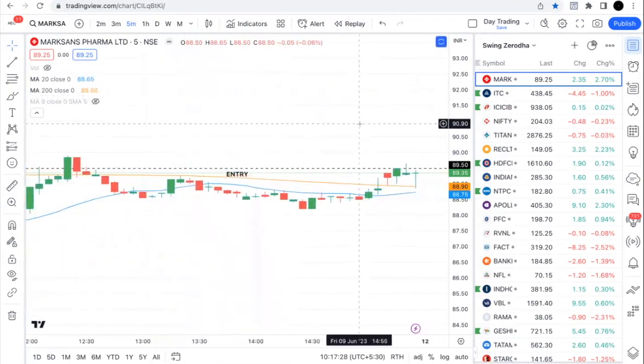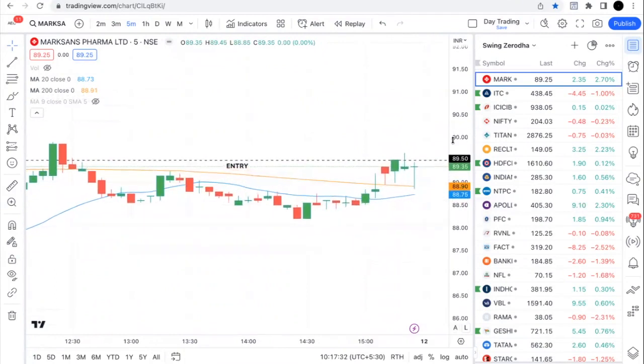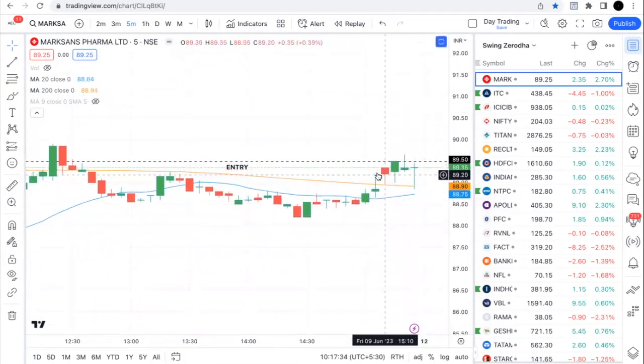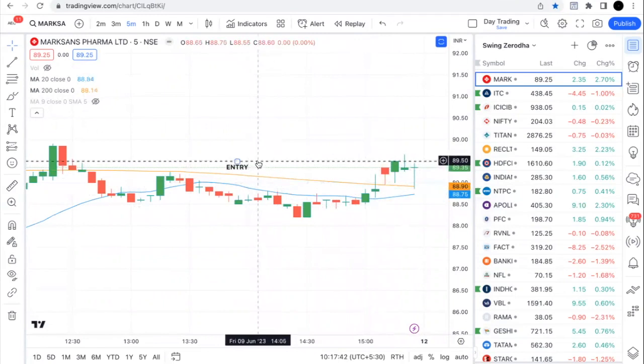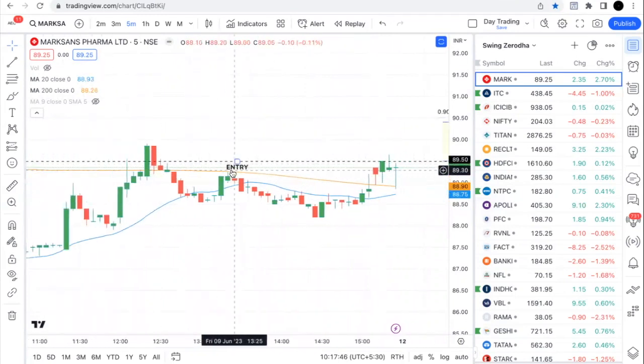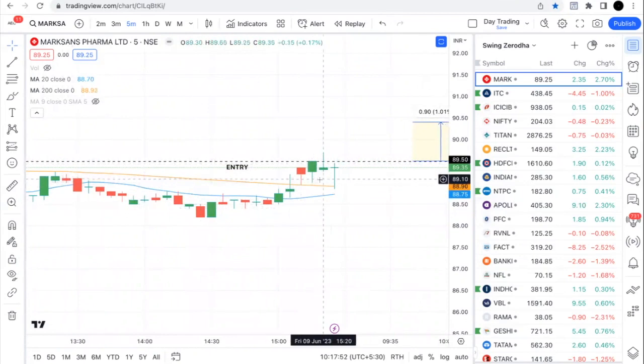What does that mean? That means that each of these candles represents 5 minutes of trading. That's what each of these candles represents. Now, this is an entry that I made the other day, so I don't remember exactly where I entered. It could have been earlier, but that's a line of entry, not the exact point of entry.